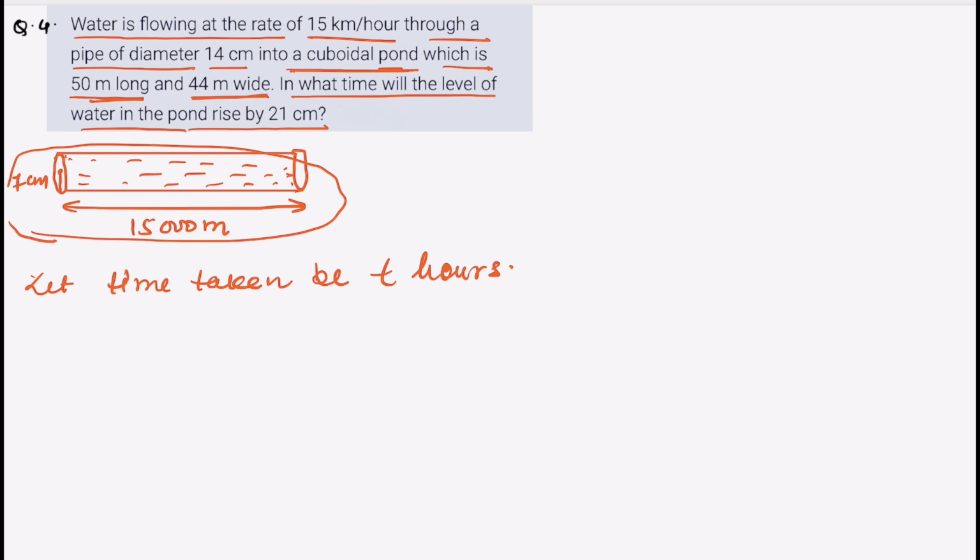So in t hours, the volume of water flown out of this pipe will be equal to the volume of the cuboidal pond with height 21 centimeters.